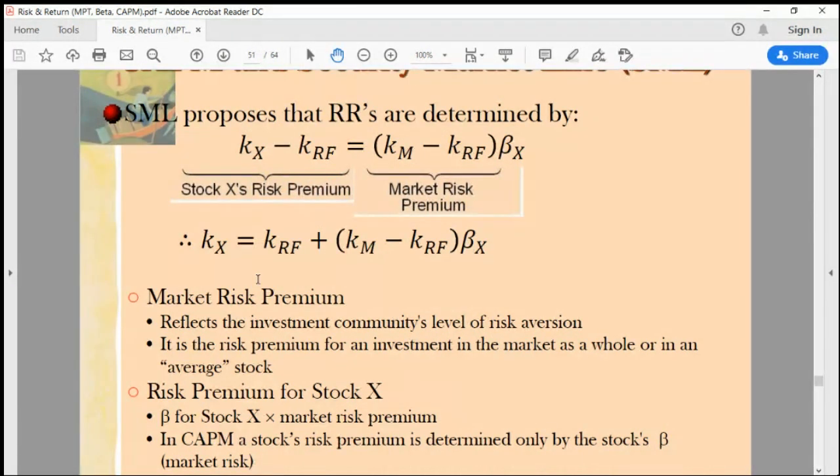The return on the treasury is the risk-free return. Remember, a short-term treasury bill, like a 3-month treasury bill, is considered risk-free because nothing is safer.